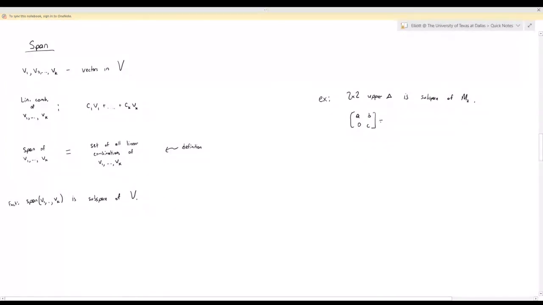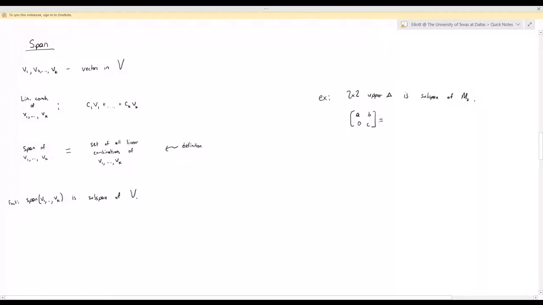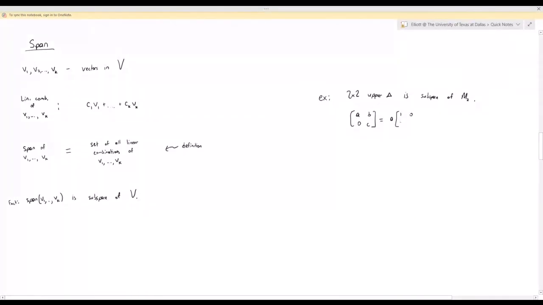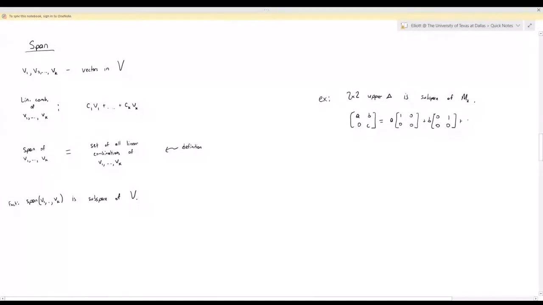The simplest way to get a spanning set: if I take this generic upper triangular matrix, notice that you can write it as a linear combination of 3 specific upper triangular matrices.